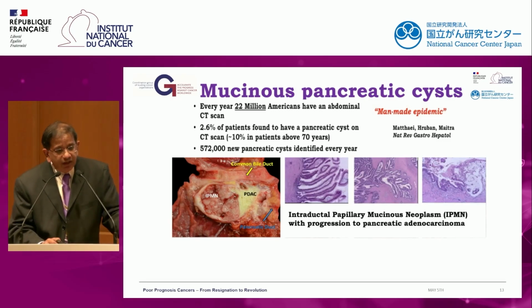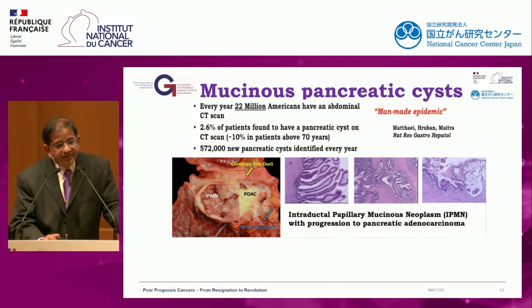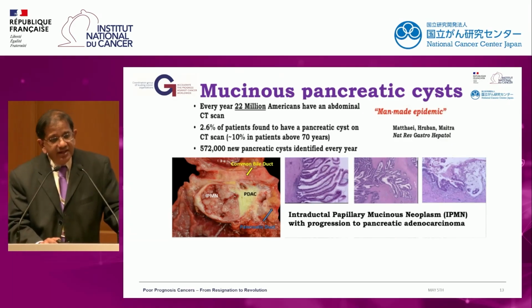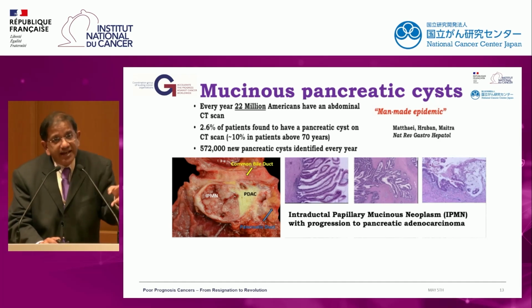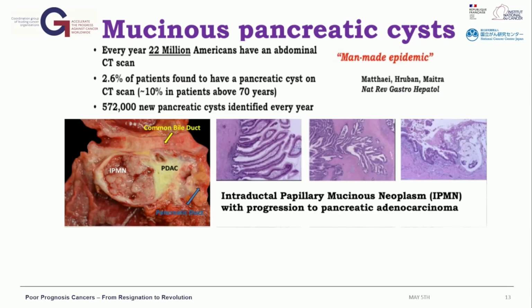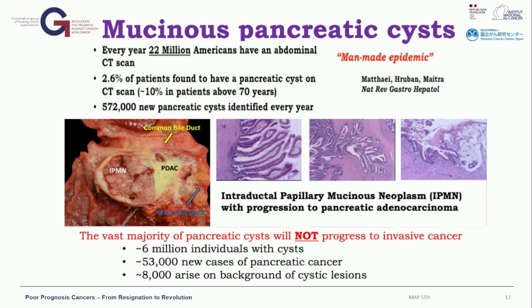And this is what it looks like under the microscope. So you have these cystic lesions called intraductal papillary mucinous neoplasms. It's a mouthful, IPMNs, that actually are bona fide precancers of pancreatic adenocarcinoma. And you can see them on imaging scans, and you can follow them over time. So this is a bona fide high-risk population. The good news is the vast majority will not progress.